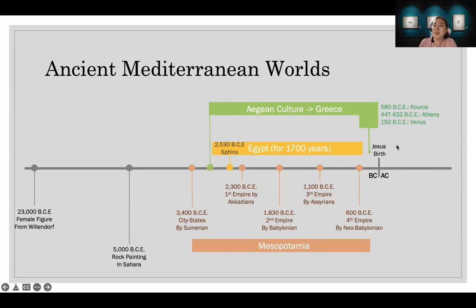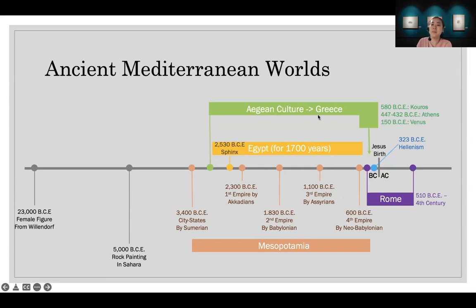And the last period of Greece is called Hellenism. And let's see Rome. Rome is here. Rome began before the century and continued to the 4th century. So please remember this timeline.